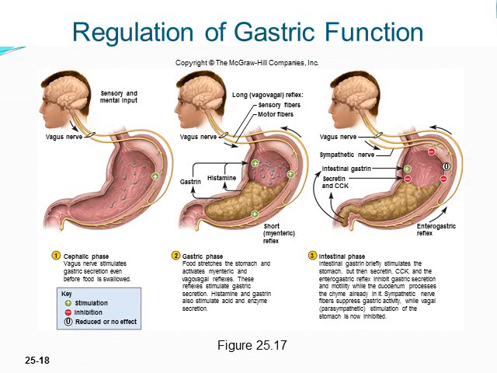You still have feedback from your long reflex, both because you have that stretching, but this is really controlled by that internal ENS and enteroendocrine system. So it's reflexes, as shown here, where you have histamine, so paracrine, and gastrin, that hormone being secreted to stimulate acid and enzyme secretion.